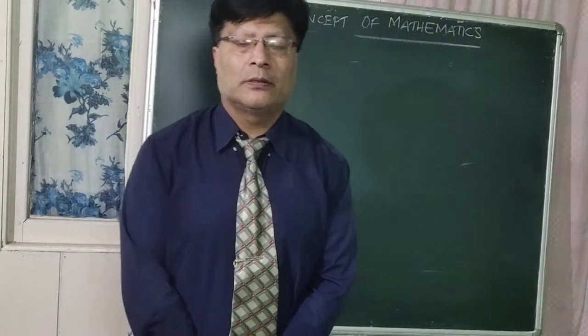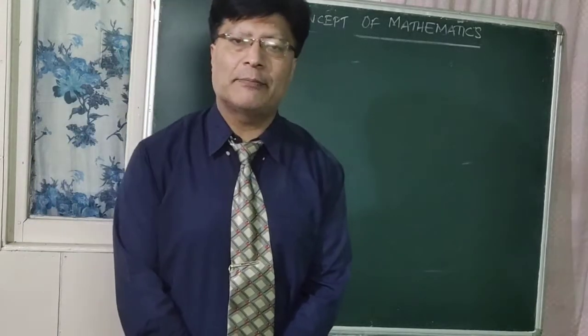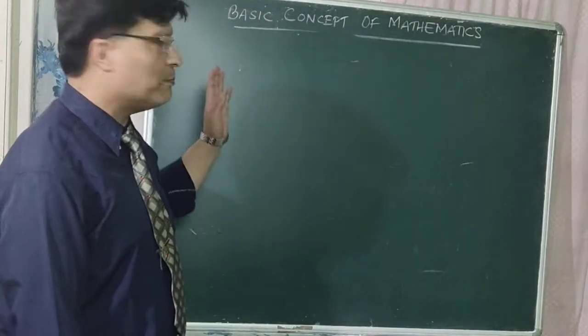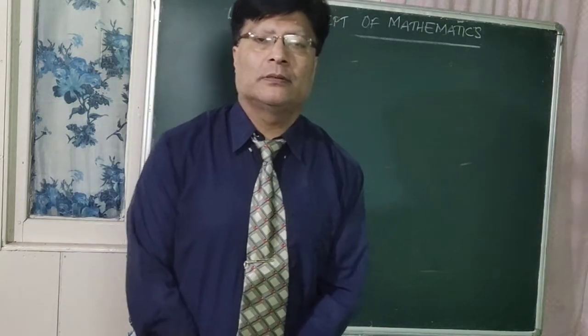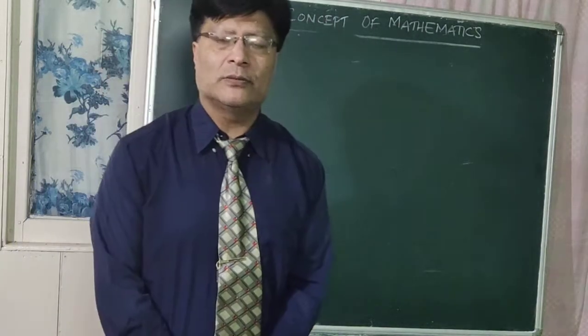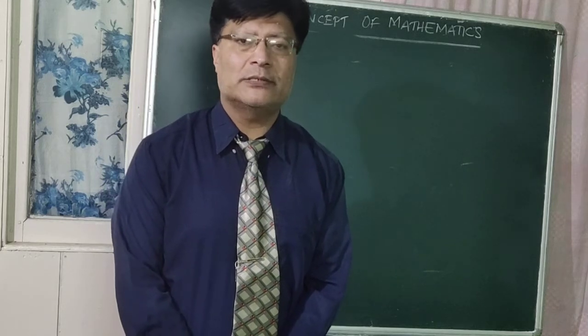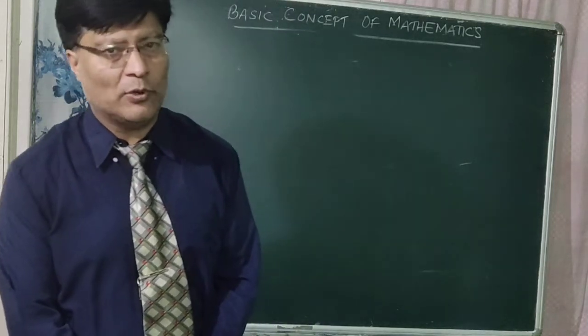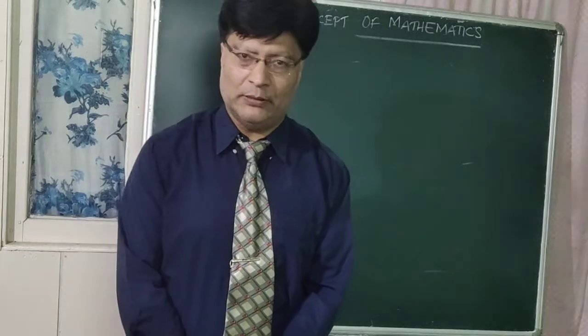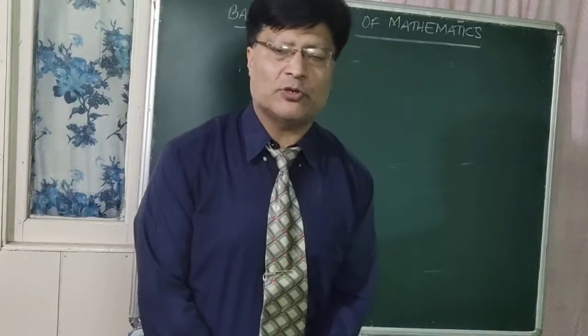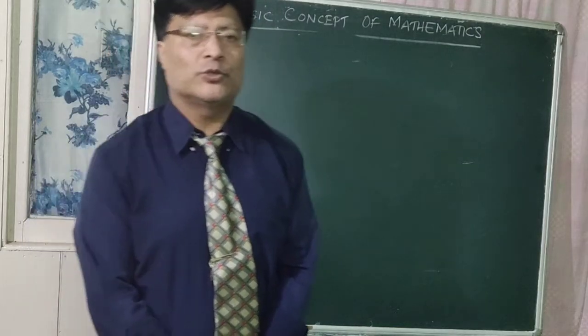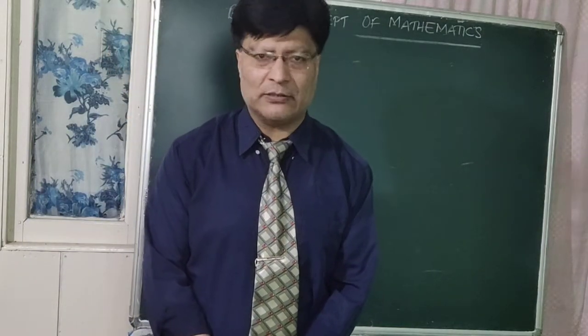Everyone. So today also I am continuing with the same basic concept of mathematics. In the last class we did LCM, that is how to find out the LCM or least common multiple. Today we will deal with the concept of HCF, that is highest common factor.